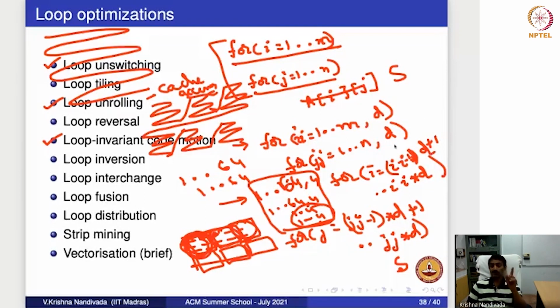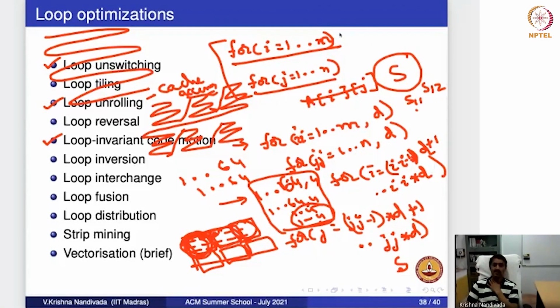For this to be done, remember, after I have done this transformation, the order of the execution has changed. So this can be done only when in different iterations, let's say S11, S12, S13, S14, S21, S22, S23, S25, all of them are independent.